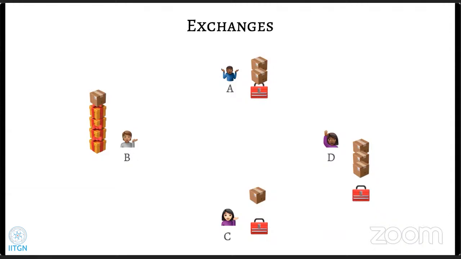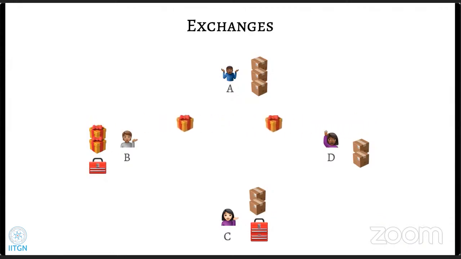You could morph one allocation into another by talking about the difference in the number of items, that is, how much each person's bundle changed. This is a very special kind of exchange where you're just exchanging two items of the same type. Even though these were physically two different items, nothing really changed in the allocation.